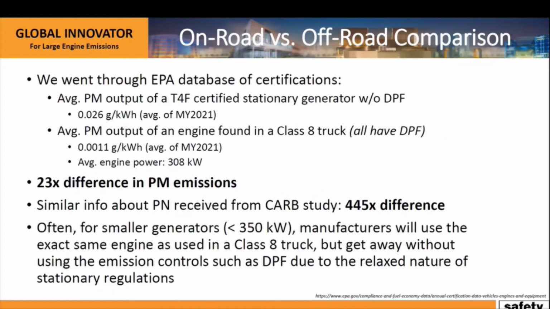So we're comparing off-road to on-road here. For a typical Class A truck, which again all have DPFs, this would be the typical PM output. And so that's about a 23 times difference in PM emissions off the bat. And then taking some info from a CARB study in terms of PN, again, the difference is much more substantial. It's around 445 times the difference between a certified engine and a Class A truck with a DPF.